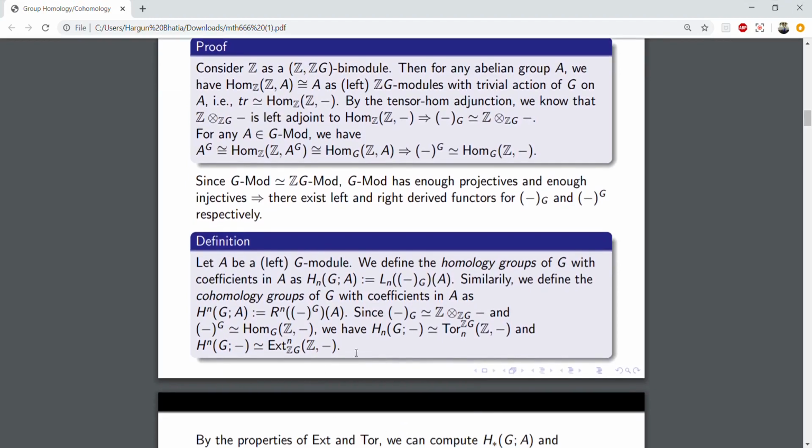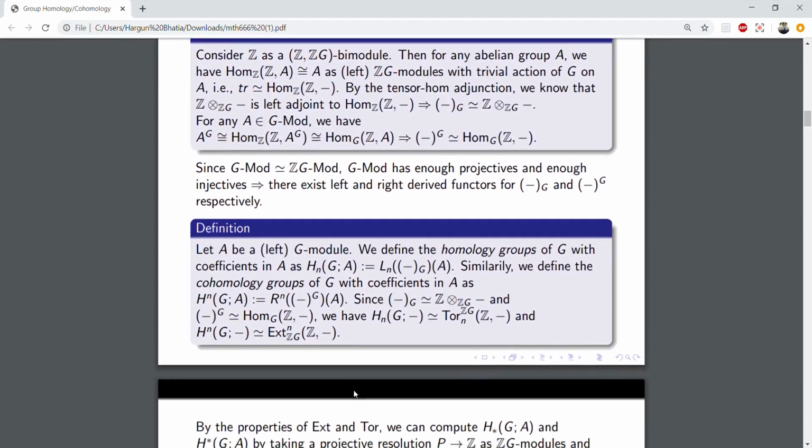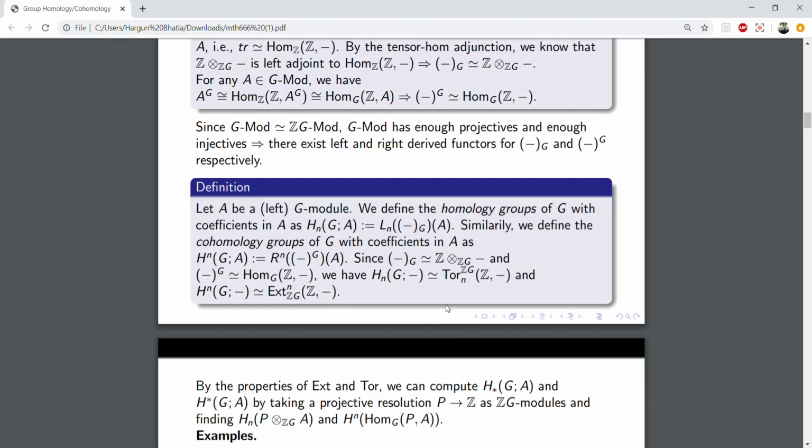Because now to compute these homologies and cohomologies, we can just start by taking a projective resolution of Z. For Tor, we take a projective resolution P of Z, tensor it with A, and compute the nth homology. For the Ext, we can start with an injective resolution, but we can also take a projective resolution because Ext is balanced.